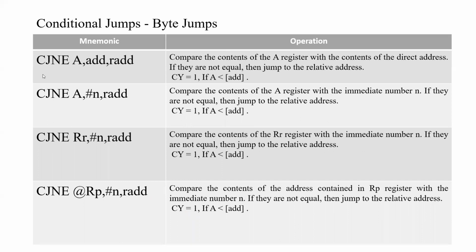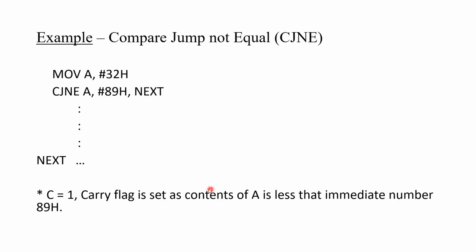This is about conditional jump. In conditional jump, what we studied is compare jump not equal, right? If you see this example, we have MOV A comma hash 32H. Accumulator will have the content 32H. Next, I do CJNE A comma hash 89H, compare jump not equal.